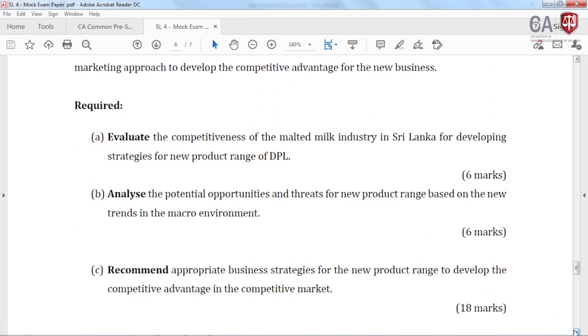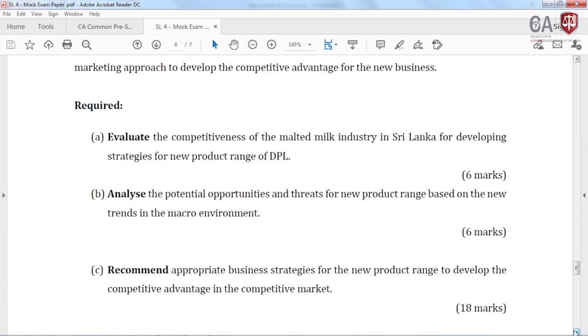So we have the answer for part A. Now we are moving to part B. Analyze the potential opportunities and threats for the new product range based on the new trends in the macro environment.